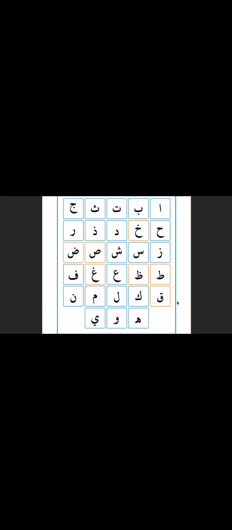Line 5: Qaf, Kaf, Lam, Mim, Noon. Line 6: Ha, Wow, Ya.